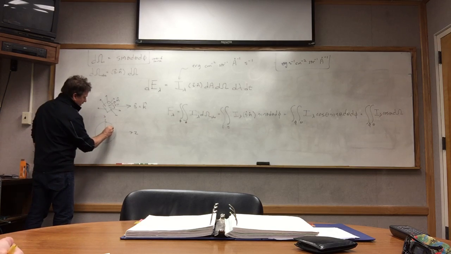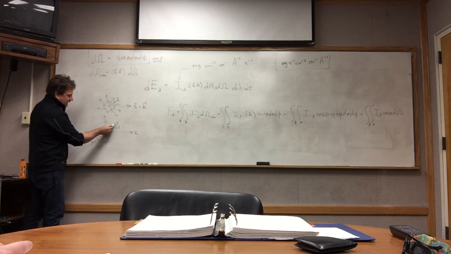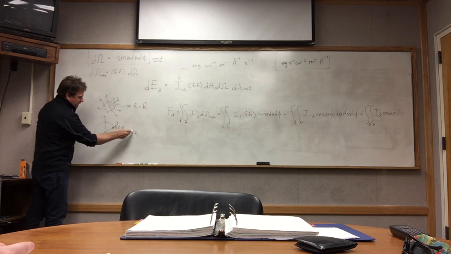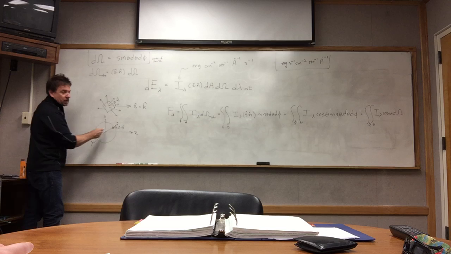Okay, and so that angle theta along the z-axis is also the angle between, because s hat is parallel to k hat, parallel to the z-axis, so that theta becomes the angle between the normal.